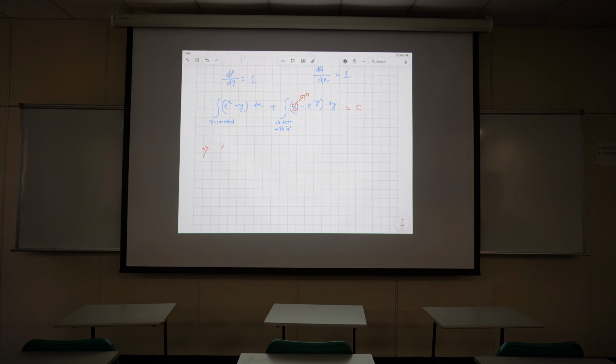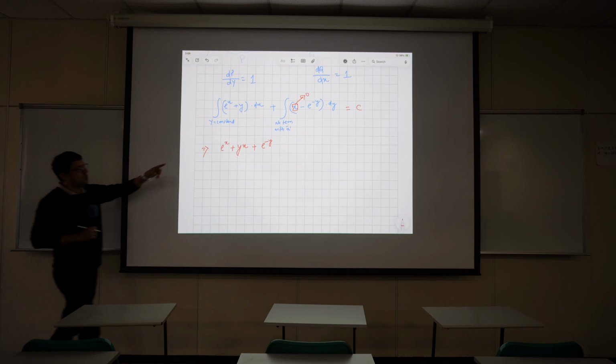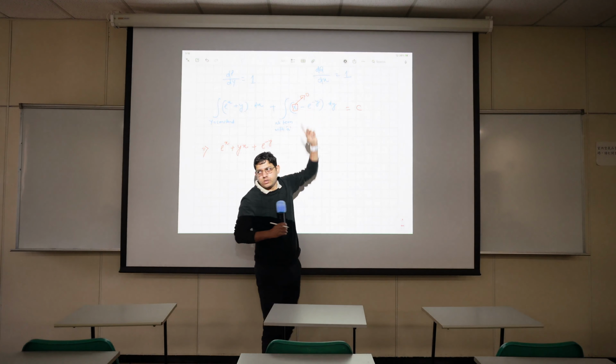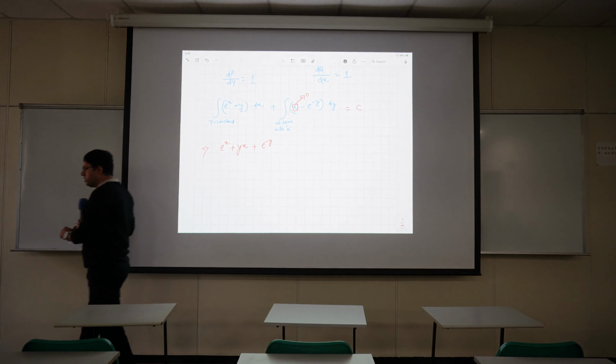What will be my value? e to the power x plus yx plus e to the power minus y, because this term will be 0. So we have to only integrate this one, right?